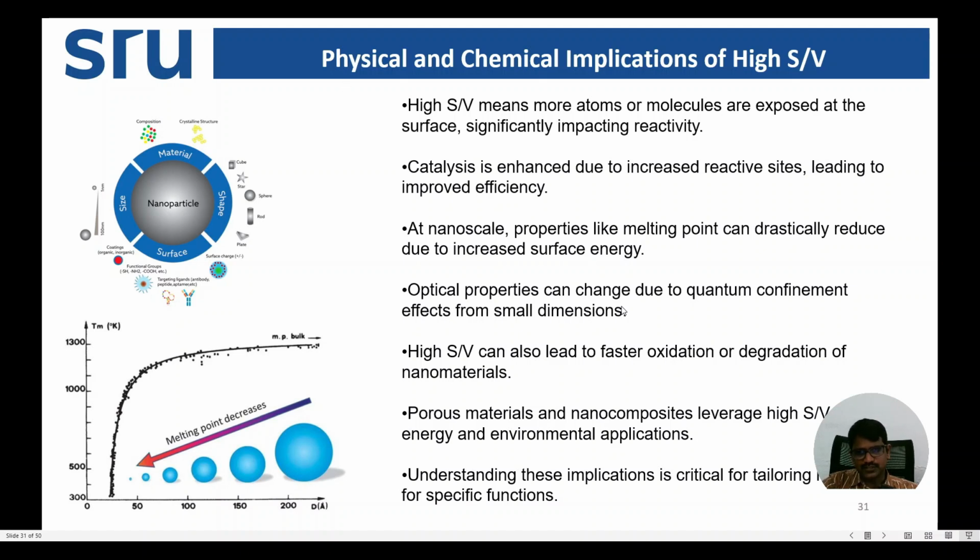Next point, optical properties can change due to quantum confinement effects from small dimensions. Just like chemical and physical properties, optical properties also change due to quantum confinement. What is quantum confinement? I will explain in a few minutes. Then, high surface to volume ratio can also lead to faster oxidation or degradation of nanomaterials.